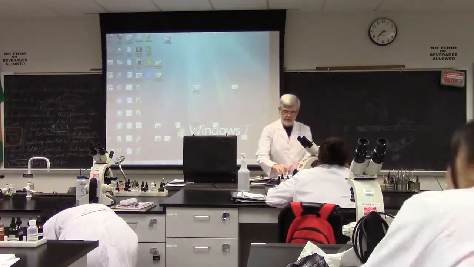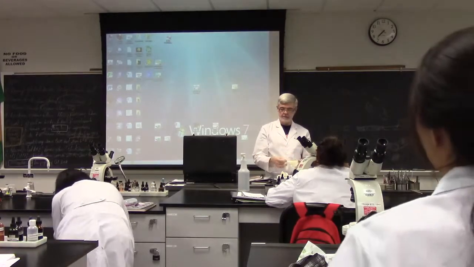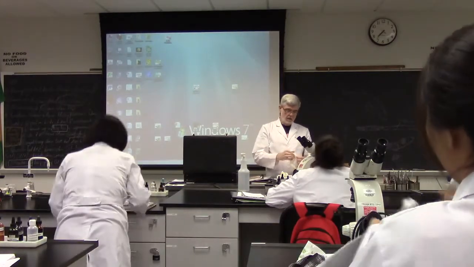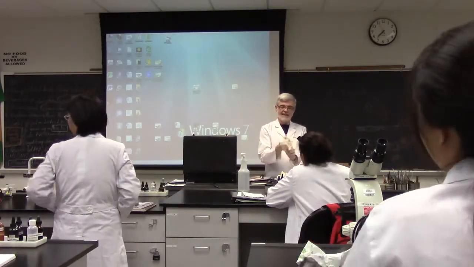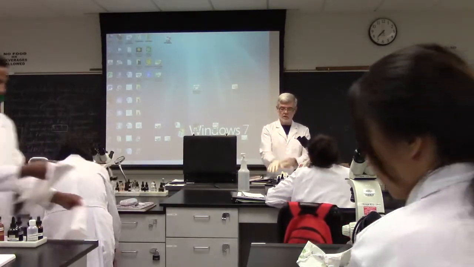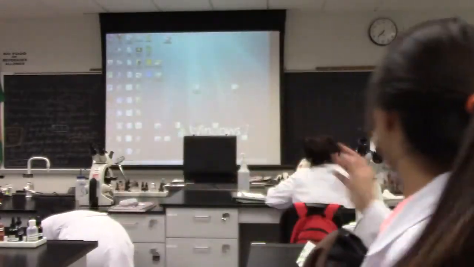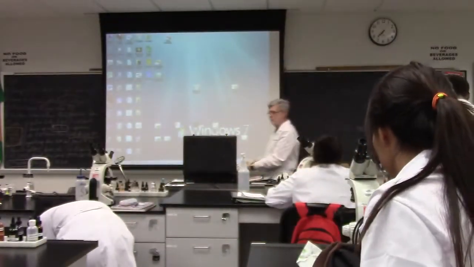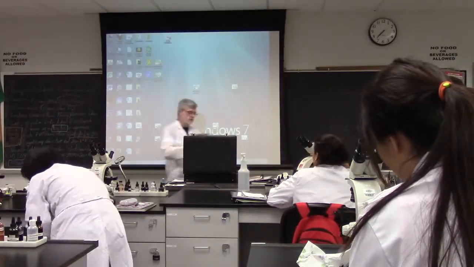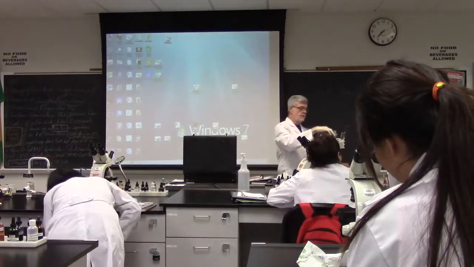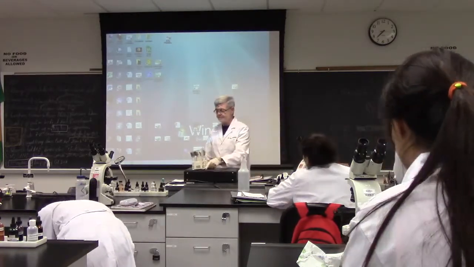Slap on some gloves. You need to have your gloves and your coat on during lab. You can pick up one of the tubes, only one at a time, preferably you and your lab partner use the same tube each time.